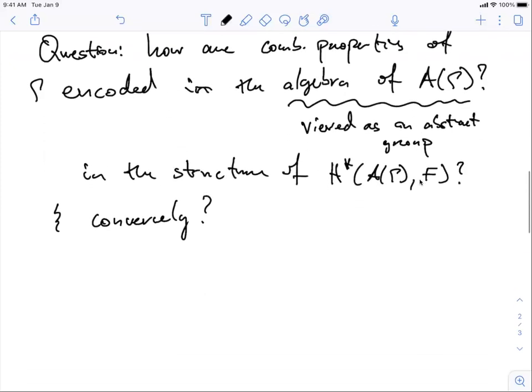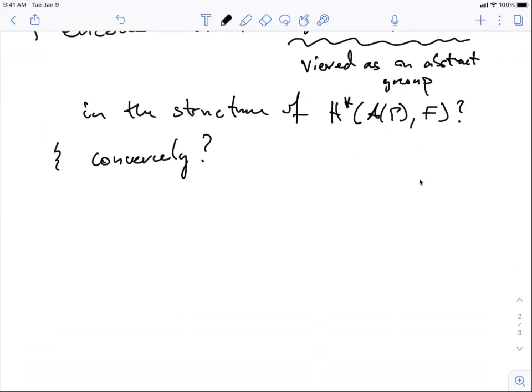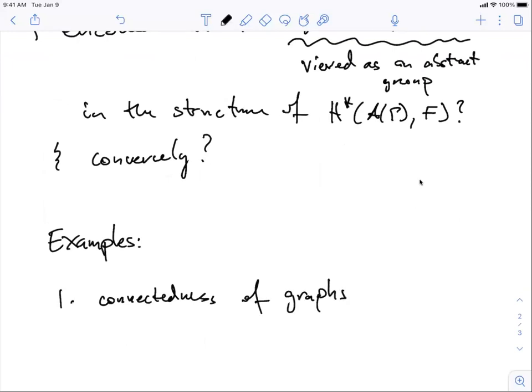So I'll start with some simple examples. Let's consider connectedness. One of the first things that one might ask about a graph when one considers its combinatorics is whether it's connected or not.